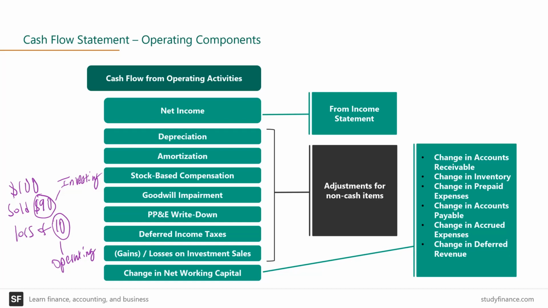For items that exist within the assets side of the balance sheet, such as accounts receivable, inventory, and prepaid expenses, an increase would mean that cash has actually been spent to attain these assets, so that will translate into a cash outflow. So increasing these items will translate into a cash outflow.